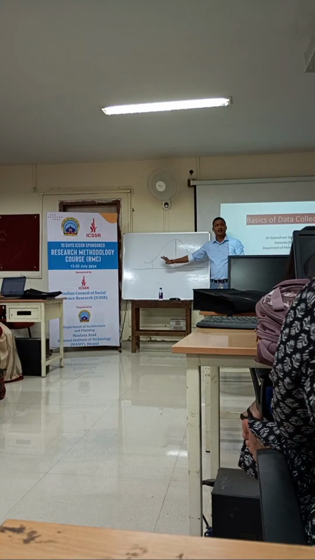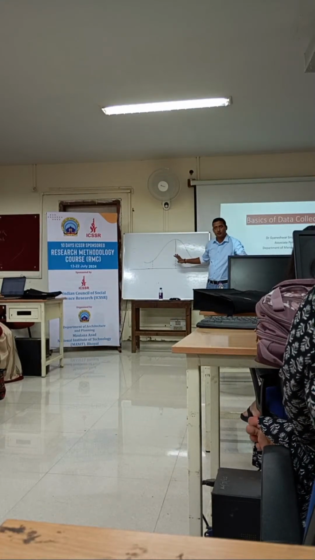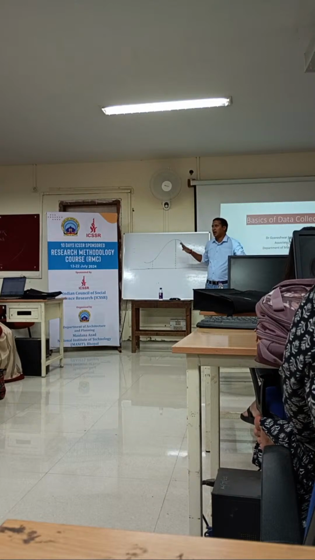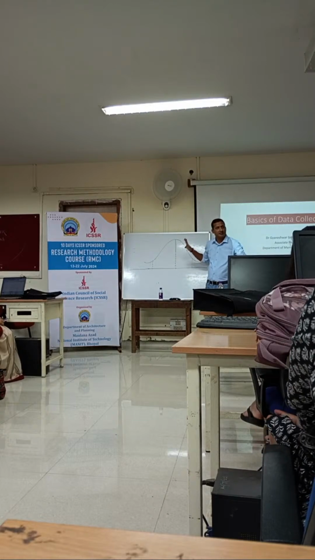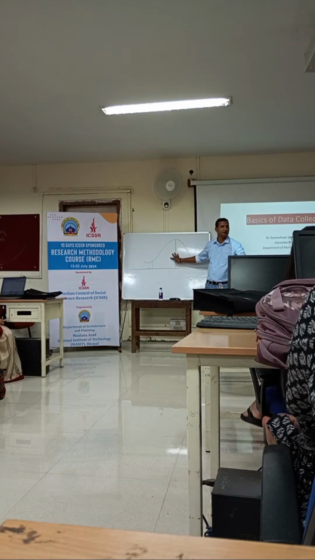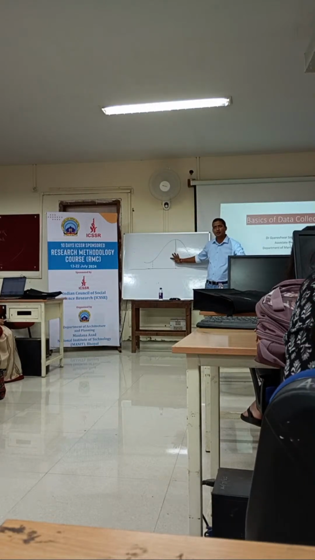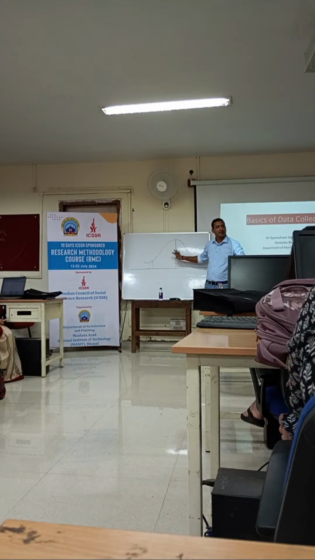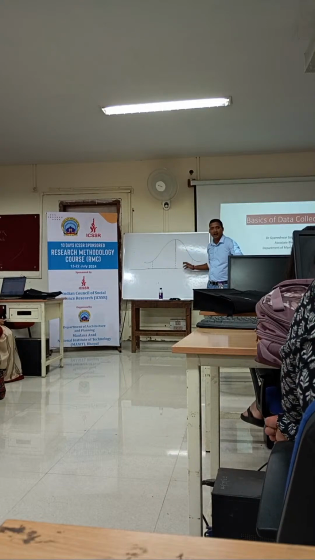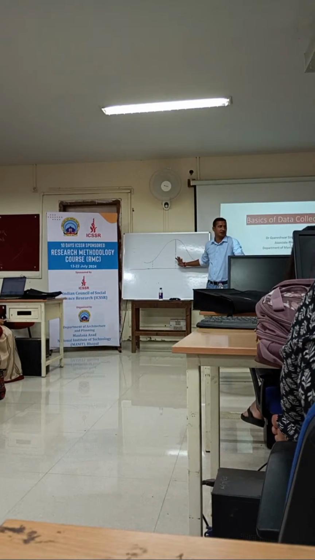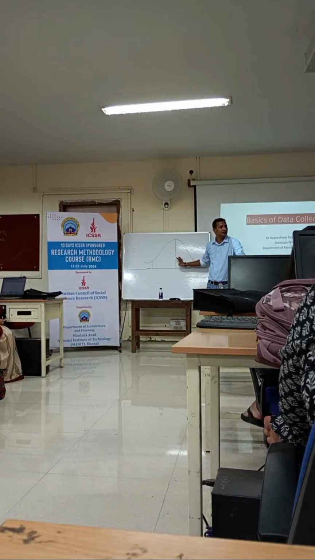This is the area where we are assuming our statistic value lies. And we are assuming that when the value lies in this particular area, we will accept the null hypothesis. Really?